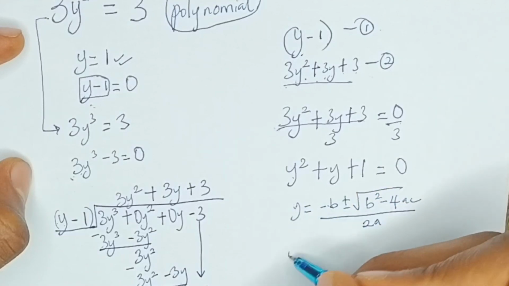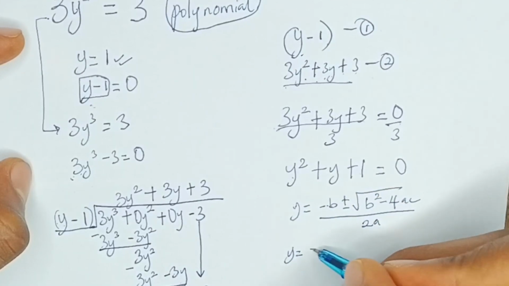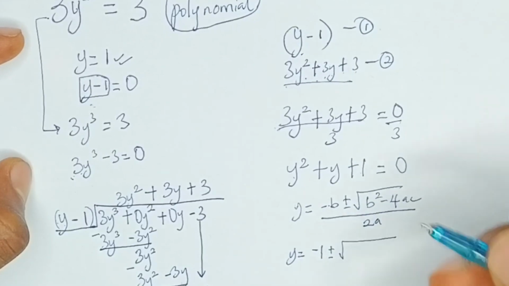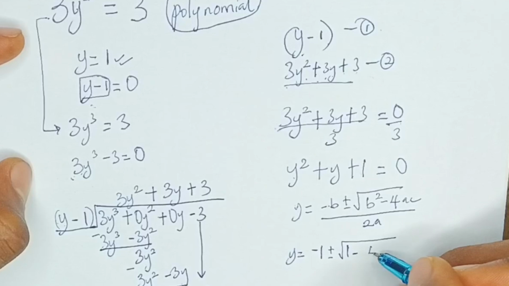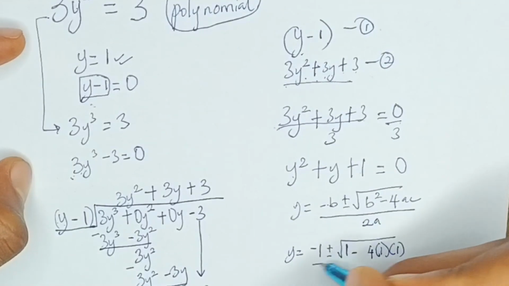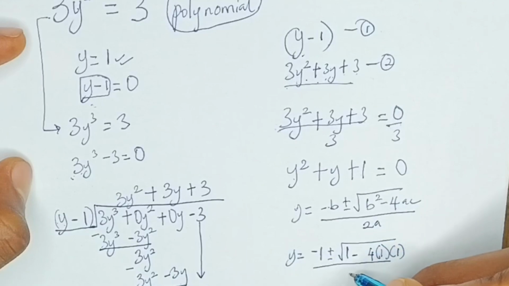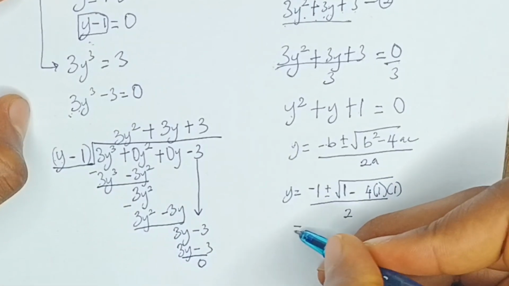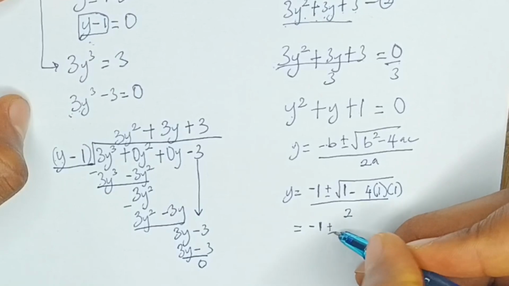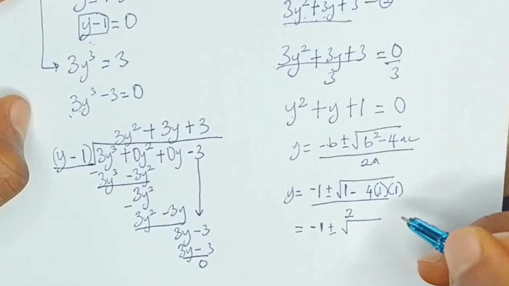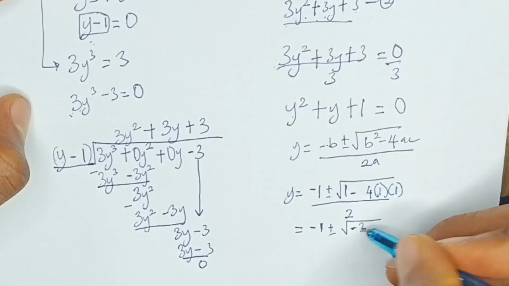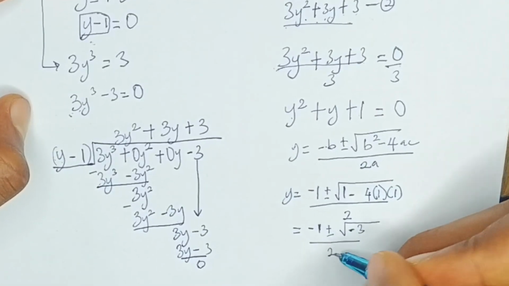So we can bring this back and say that y now will be equal to minus 1, which is b, plus or minus square root of 1 squared is 1, minus 4 times a is 1, and c is 1, all over 2 times a is 2 times 1, which is 2. Hence, y will now be equal to minus 1 plus or minus square root of 1 minus 4, which is negative 3, all over 2.